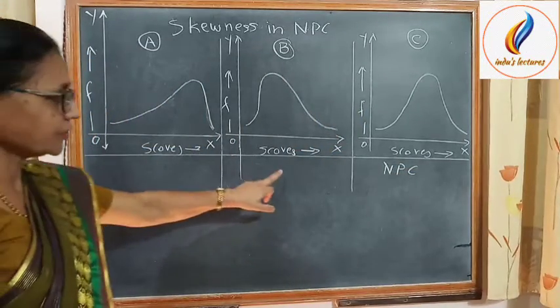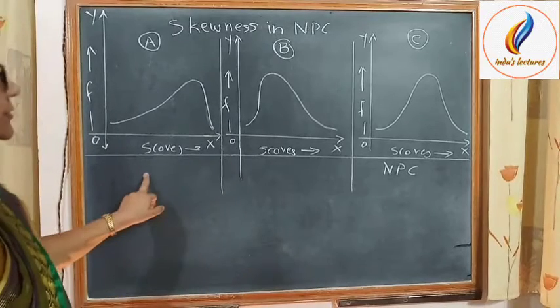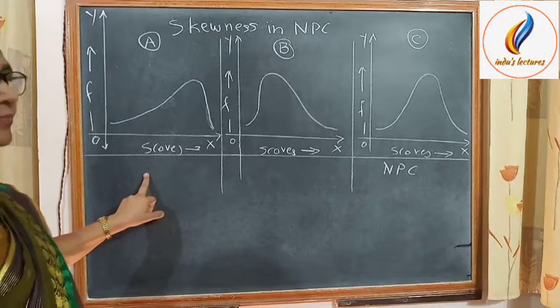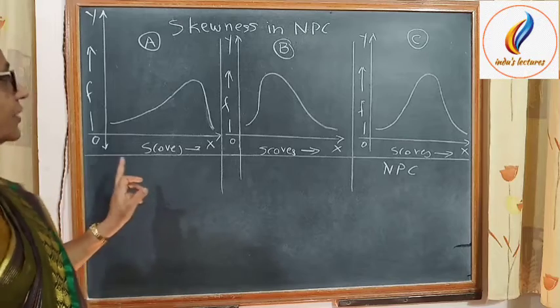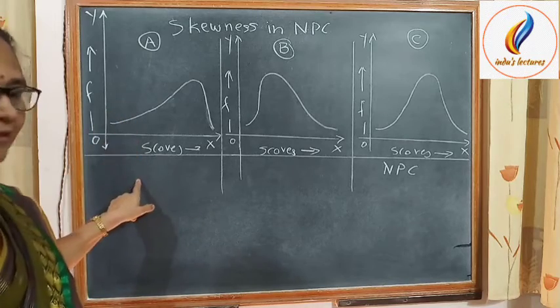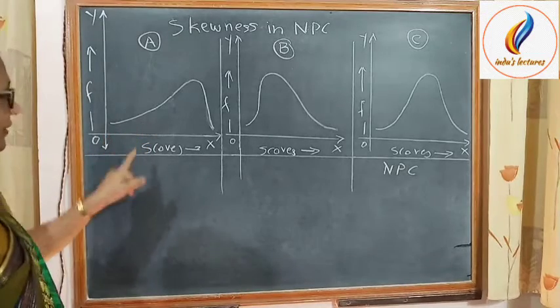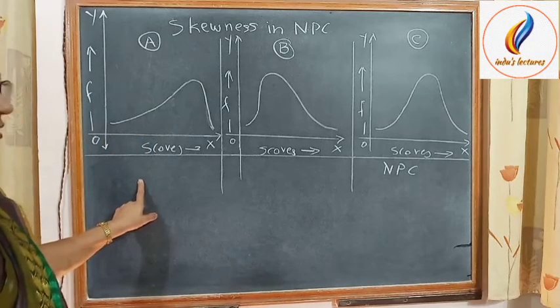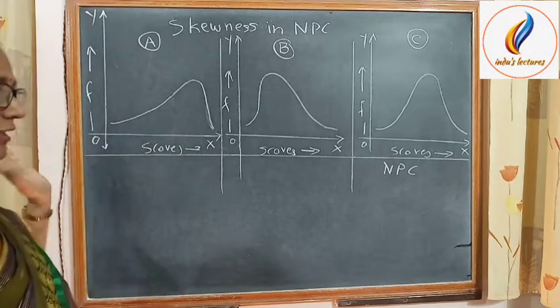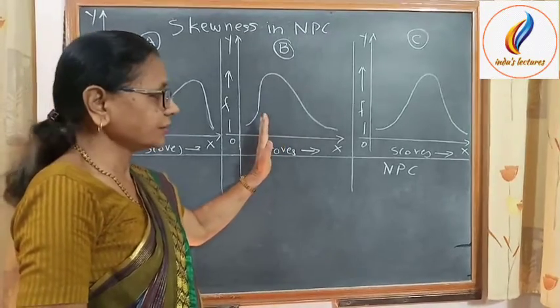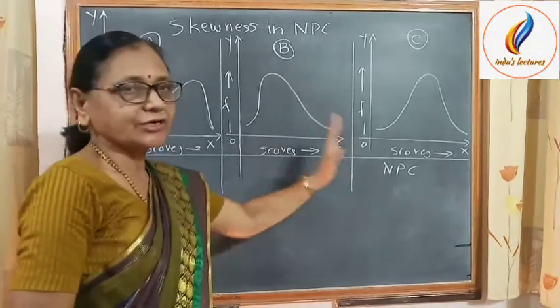Such types of curves are known as skewed curves, and there are two types of skewness in a curve. One is negative skewness and the other is positive skewness. This curve is skewed at the left side of the ordinate, and this curve is skewed at the right side of the curve.